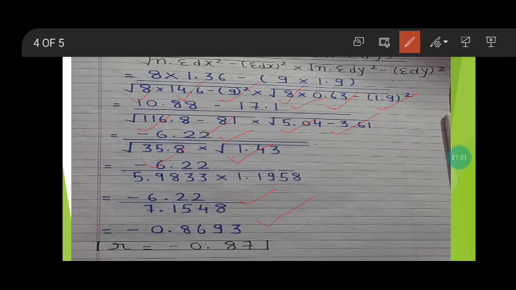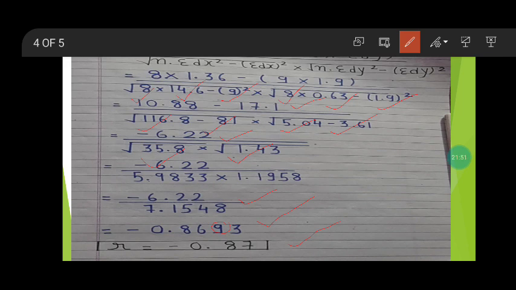So here we will write that R is equal to minus 0.87, negative 0.87. Why have we taken 0.87 and not 0.86? Because you can see the third digit, it's 9. If there is any digit which is equal to 5 or more than 5, we have to add 1 to the previous digit, like we have added 1 to the previous digit, so it has become 7.